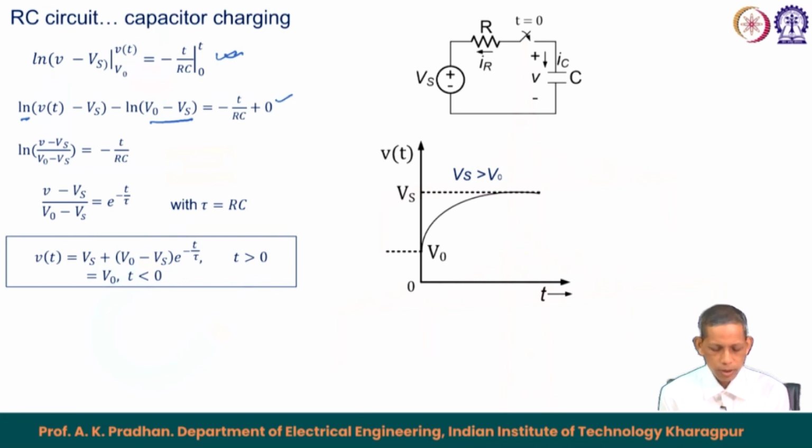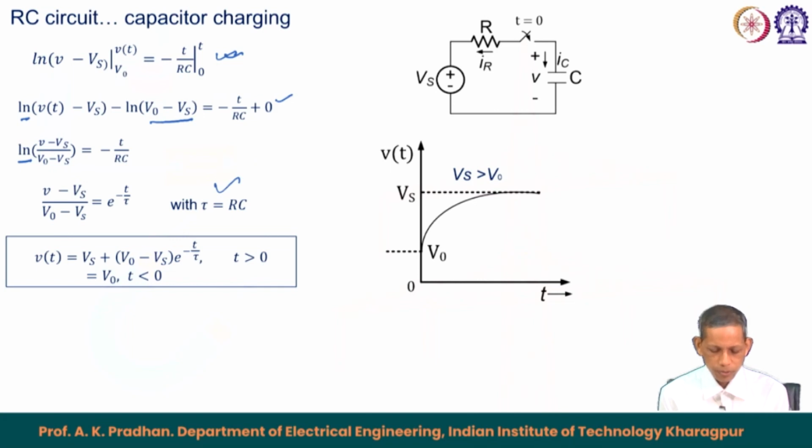So, this gives us natural logarithm of V minus Vs upon V naught minus Vs, that equals to minus t by RC. So, therefore, we can write V minus Vs upon V naught minus Vs equals to e to the minus t upon tau, where tau equals to RC. We know from the earlier example on RC with the source free circuit, and we have defined the corresponding time constant also.